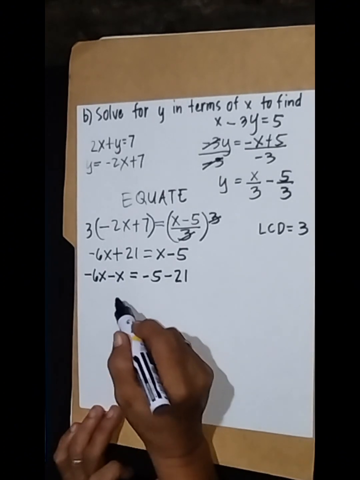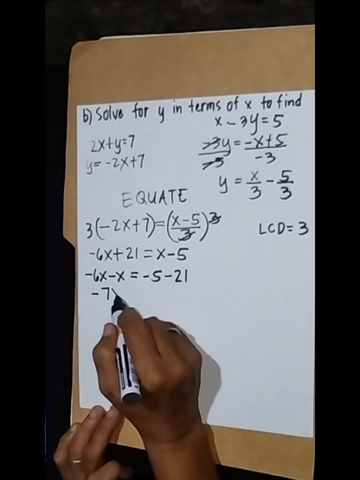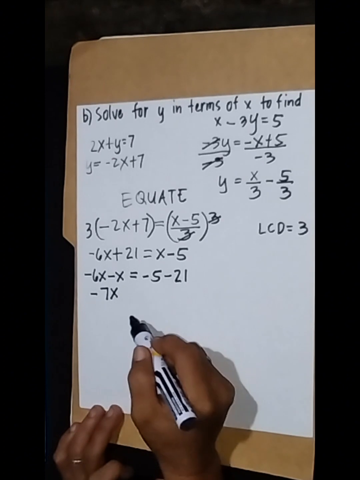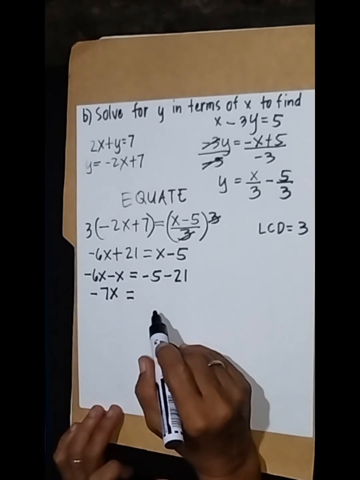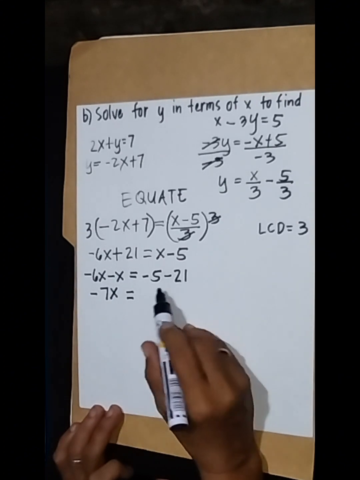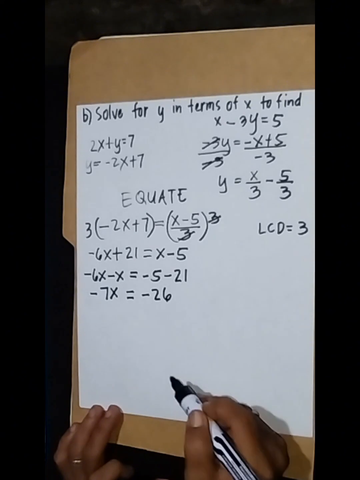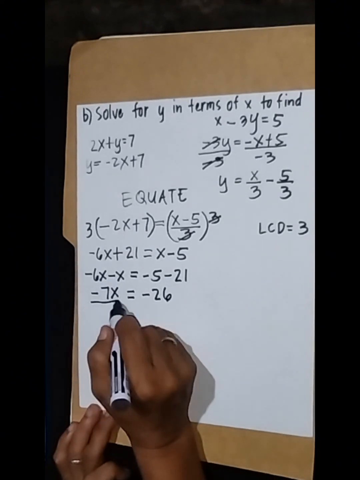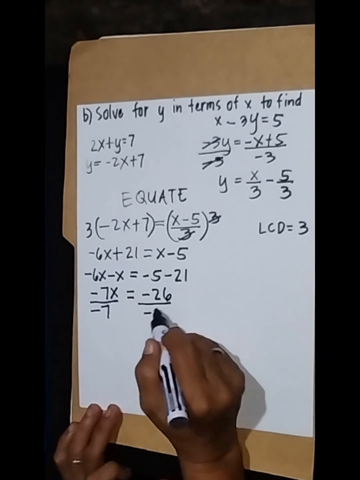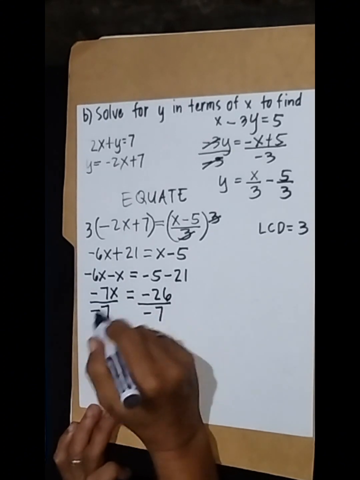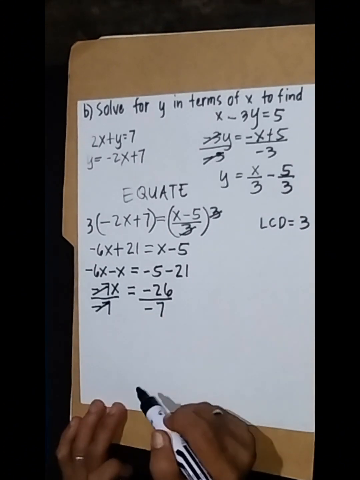So, negative 6x plus negative x is negative 7x. We have to add because they have like signs. Dito po, we have to add because they have like signs also. So, negative 21 minus 5 is negative 26. Now, we divide both sides by negative 7 para magiging equal to x po ito. So, cancel because equal to 1.